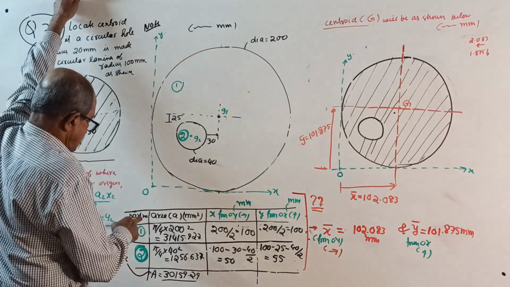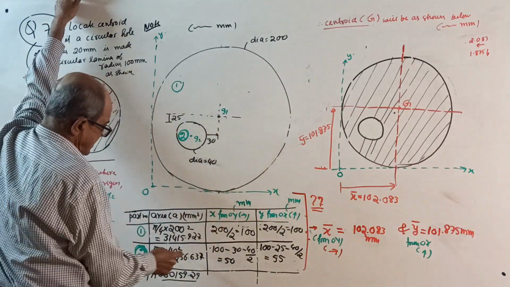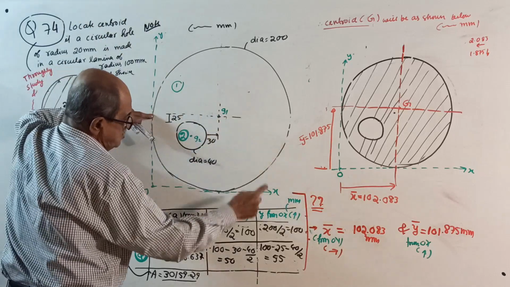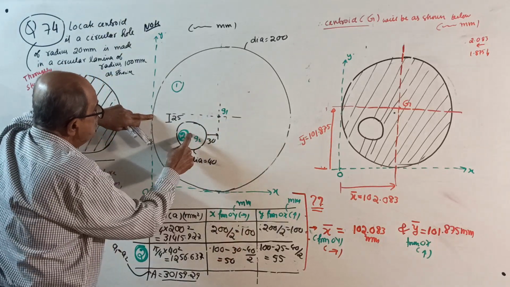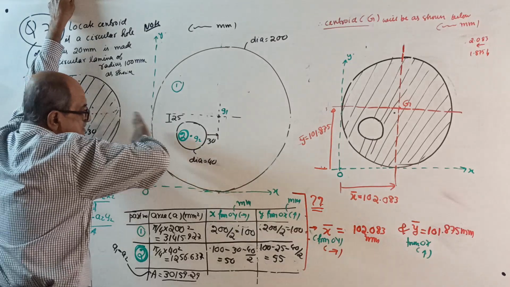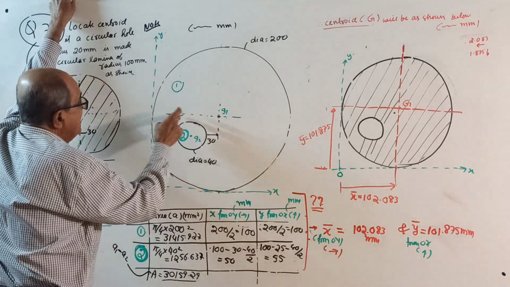Okay, start. Figure number 1, 2. This is all the same statement. See, area will remain the same. G1 is here, 200 by 2, 100. G2, see, x is this side. Be careful, so no negative. From here to here is how much? 100.